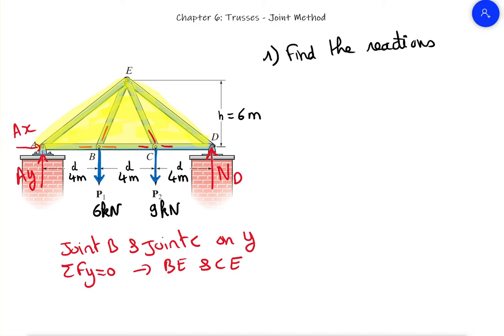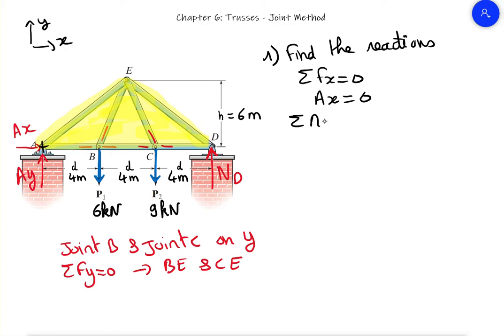The sum of the forces on X is equal to 0, and the only force we have is AX, so AX is equal to 0.